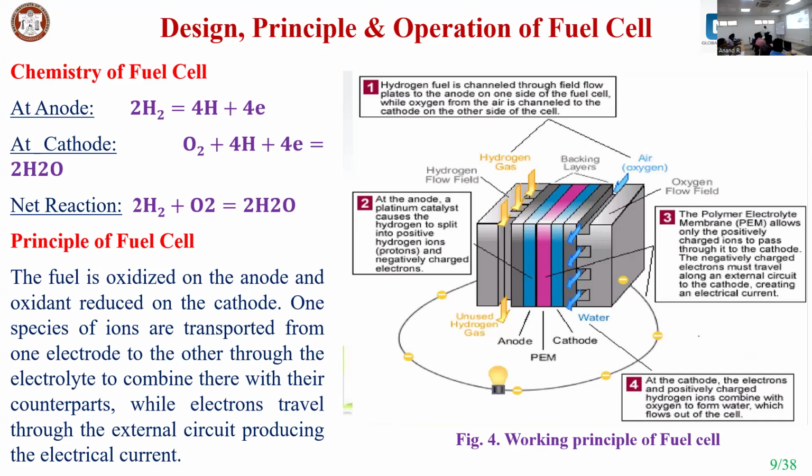You need to provide a space for allowing the fuel into the anode side. Similarly, you need to provide space for entering the oxygen into the cathode side. That is called the flow channel. Before the anode or cathode, we have the arrangement of the flow channel, which allows the fuel into the anode and the oxygen into the cathode.